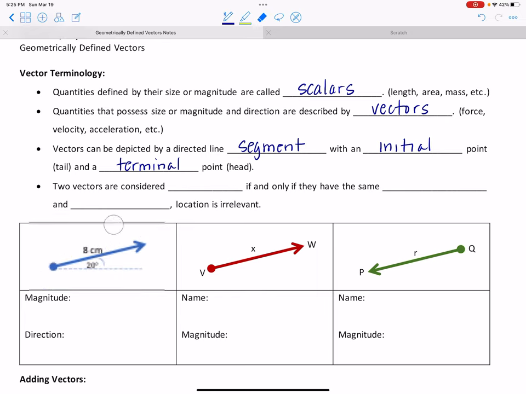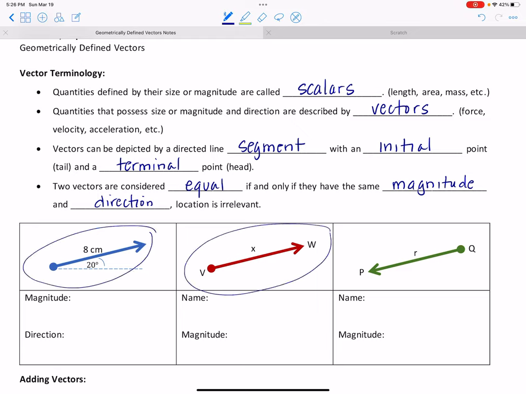Okay, so if we're looking at multiple vectors at the same time, two vectors are going to be considered equal if and only if they have the same two components. So if they have the same magnitude and the same direction. The location is irrelevant. So for example, I have a vector drawn here.